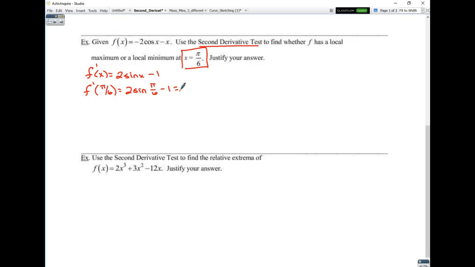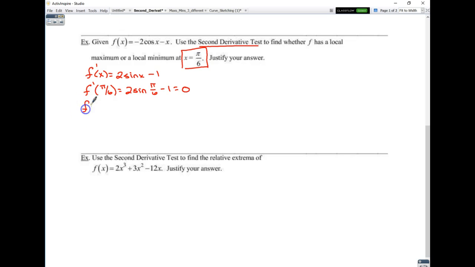If this doesn't equal 0, I'm done. I probably messed up somewhere. Sine of pi sixths is 1/2 times 2, 1 minus 1, 2 halves, 0. So the first derivative is 0.